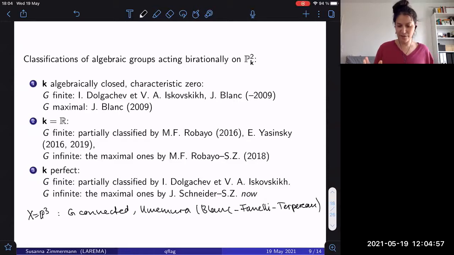They have largely reconstructed this classification, but with the techniques from the minimal model program, where Umemura, this was done in the 80s, uses more analytic methods.